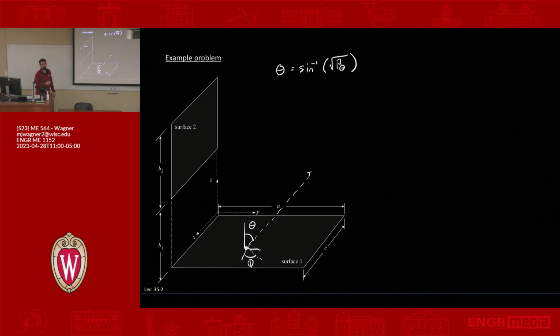That random number is between 0 and 1. That's my p theta. I'm going to take the square root of that random number, put it through the inverse sine function, and that gives me my actual theta. Right, so that's how I'm going to sample to correct for that. Generally, that's how you do it.